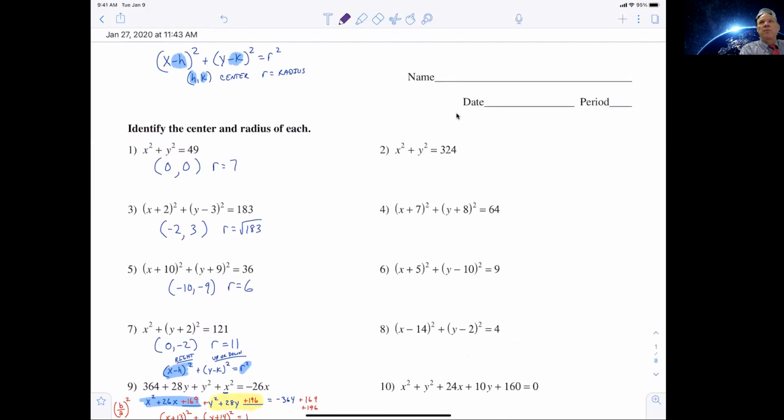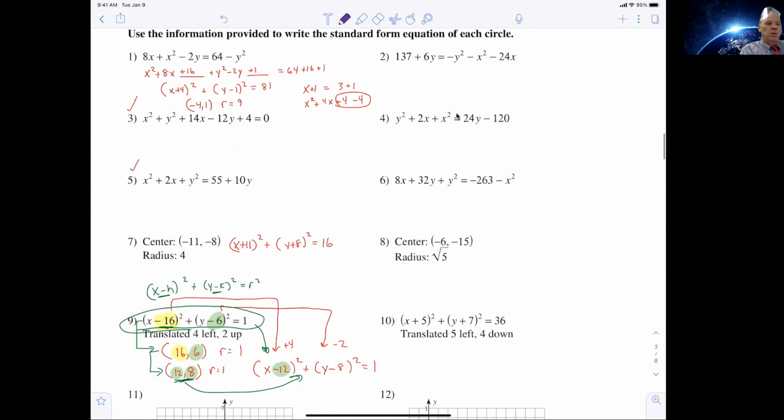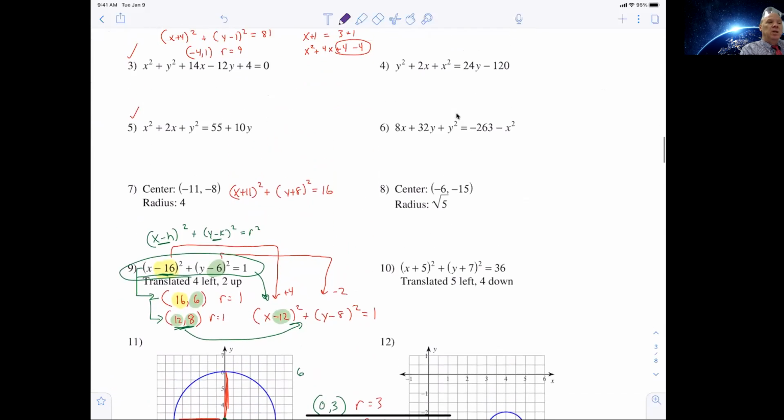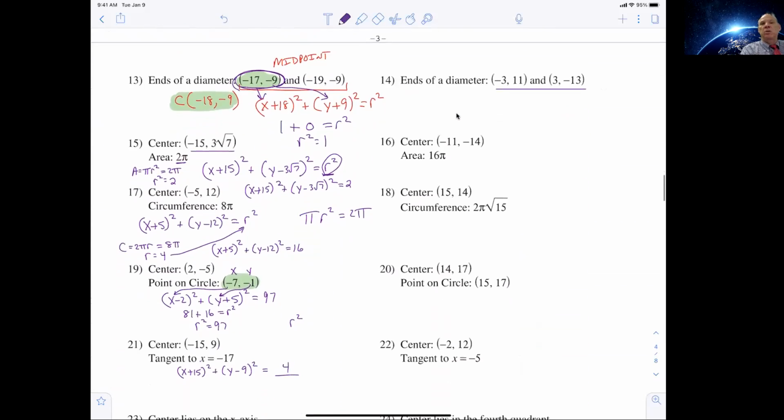And then I'm just telling you up front, I'm going to call you to my desk and see how much you did of the evens here. That's what I want, especially completing the square. I know it's kind of boring. Once you get the hang of it, you can use your calculator. It's not really that big of a deal. But I do think it's important. This is a big section. And I'm going to show you tomorrow. I copied a bunch of SAT and ACT questions dealing with circles.